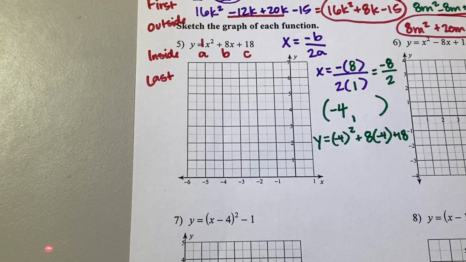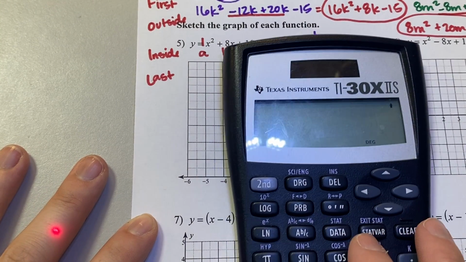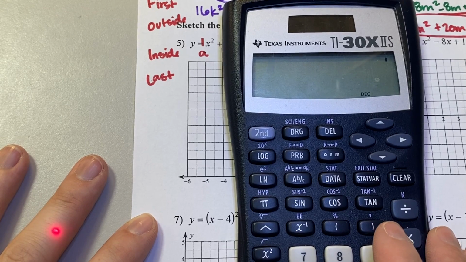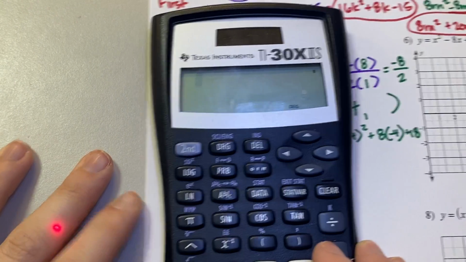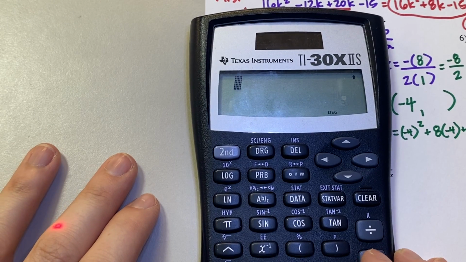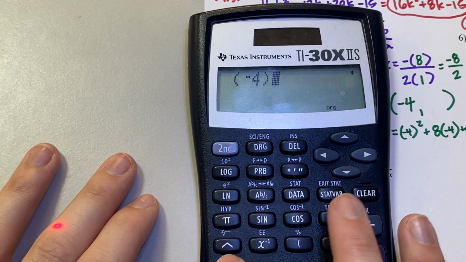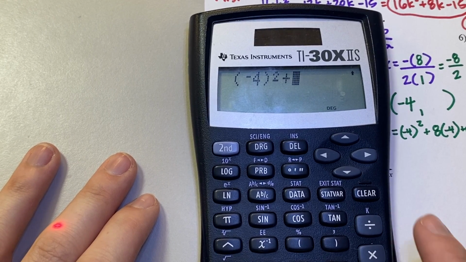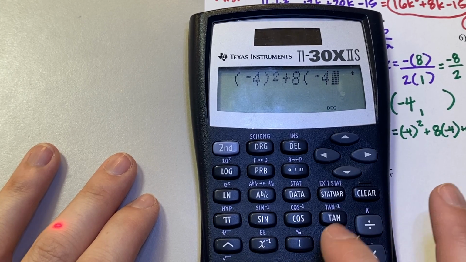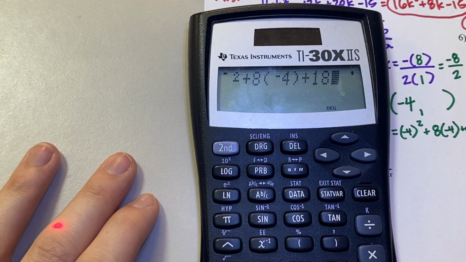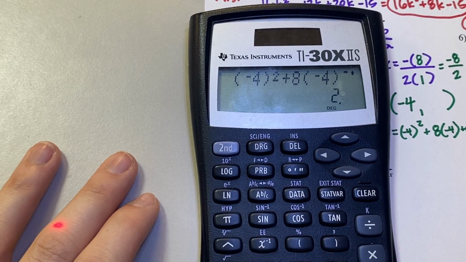Now that looks pretty complicated to solve out, but here's the thing. You can use a calculator as long as you type it in exactly how it looks, parentheses, negatives, squares included. So everybody watch up here. I have parentheses, -4, parentheses, squared, plus 8, parentheses, -4, parentheses, plus 18, enter, 2.